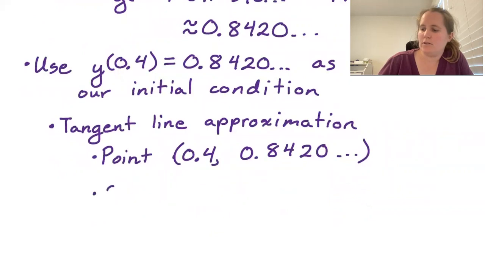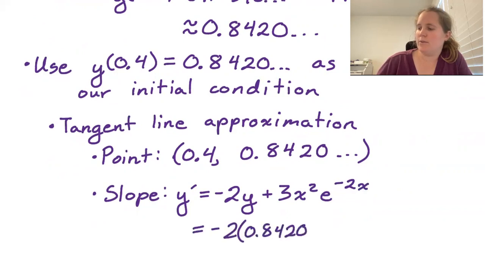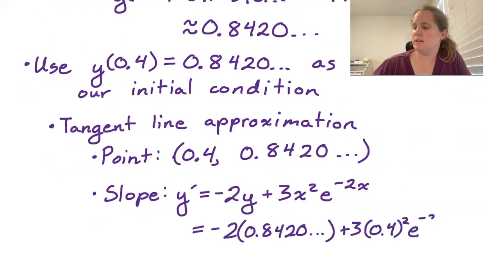We have our slope. Again, we'll use the equation y prime is equal to negative 2y plus 3x squared e to the negative 2x. Plugging in, we are looking at negative 2 times 0.8420... plus 3 times 0.4 squared times e to the negative 2 times 0.4.